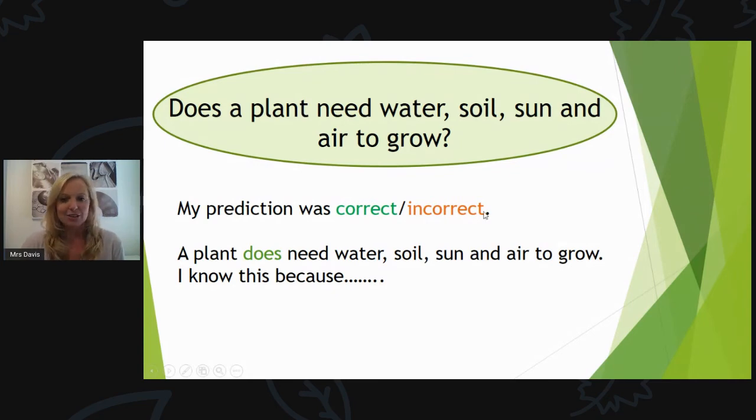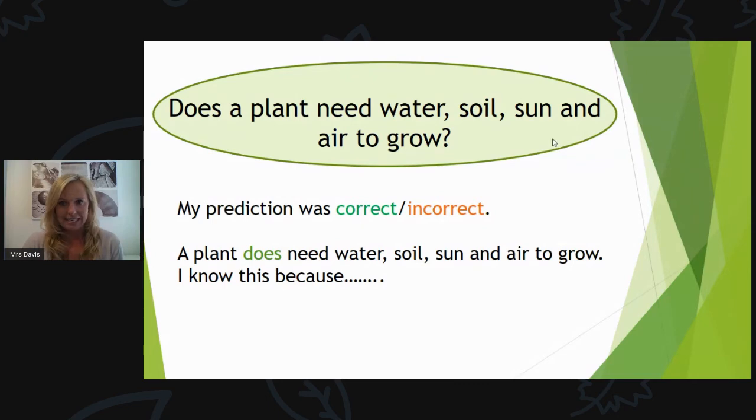Okay, so you'd need to have a go at that, because remember, within that video, it showed us that actually a plant definitely needed water. The ones that were growing in the cotton, although they sprouted, they didn't grow any leaves, did they? So they stopped growing. So they needed that soil for the nutrients in there.